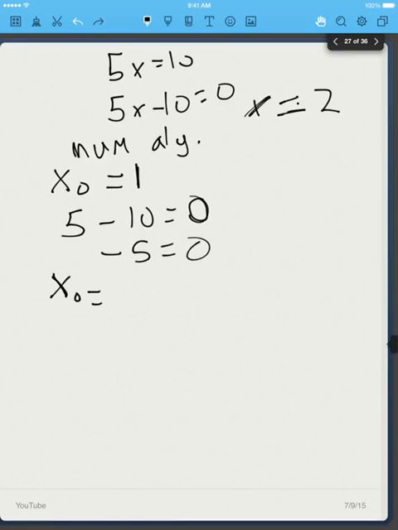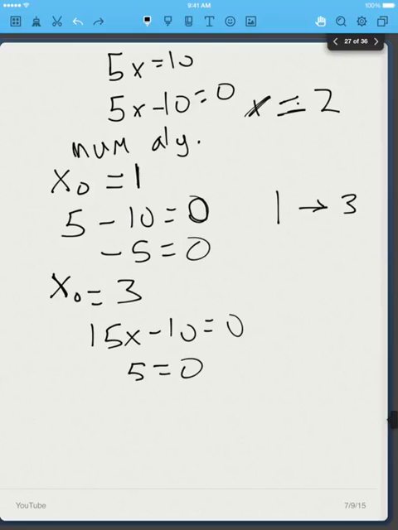So we might say x0 equals 3, let's say. Then we get 15 minus 10 equals 0, but then we get 5 equals 0. So we have a sort of sandwiching here. We know that the solution is between 1 and 3, because at 1 we get a negative number, and at 3 we get a positive number.